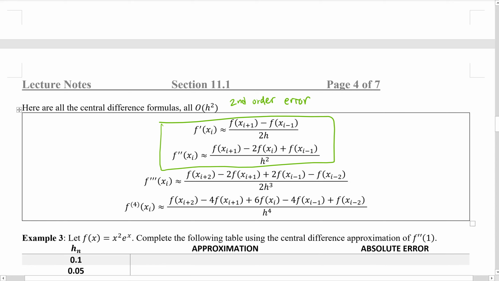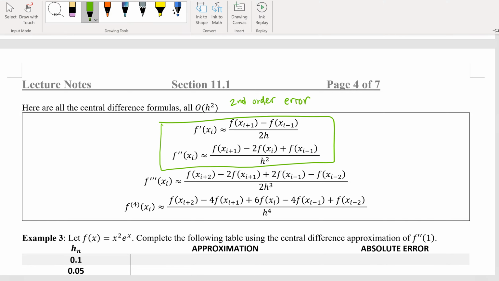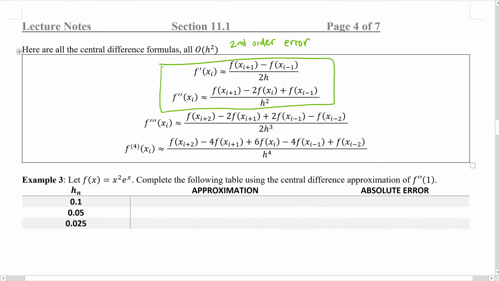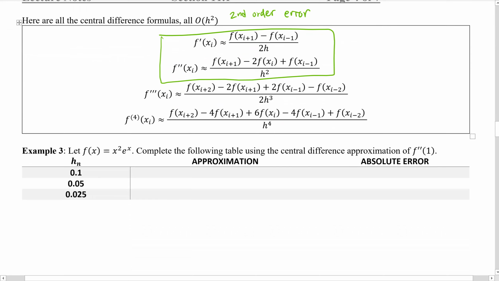All right, next, let's do some example. Okay, let's look at the following example. We have f of x equals x squared e to the x. Complete the following table using the central difference approximation of f prime prime of 1.